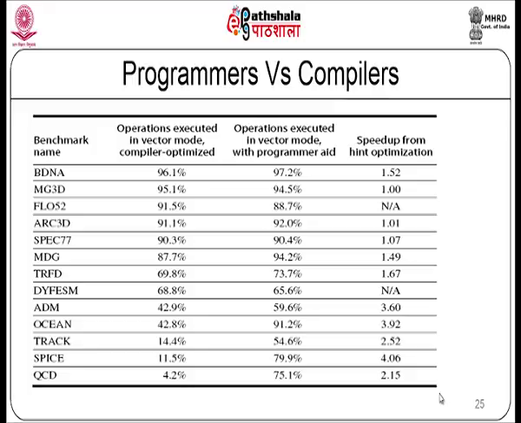In certain cases we did not get speedup. For example, the third entry, FLO52, from 91.5 has reduced to 88.7. We are not looking at that case, but in most of the other cases you find that there is an improvement. For the first case, for example, 96.1% has improved to 97.2%, which means the speedup that you got from hint optimization is 1.52. So, providing a hint by the programmers to compilers may aid the compilers in doing better code generation.